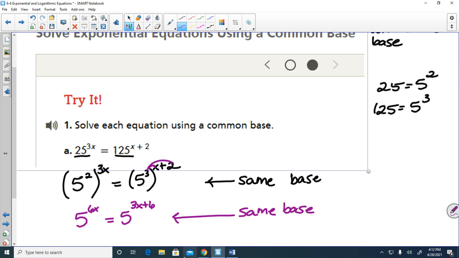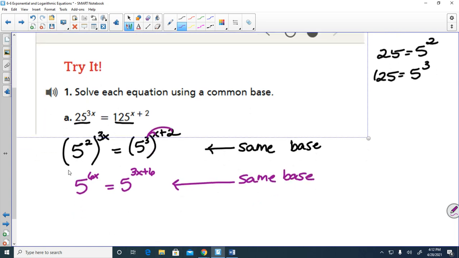And that's helpful because I have an equation. The left side is equal to the right side. So if the left side is 5 to the something and the right side is 5 to the something, and it's an equation, then the 6x must be equal to the 3x plus 6 in order for this equation to be true.